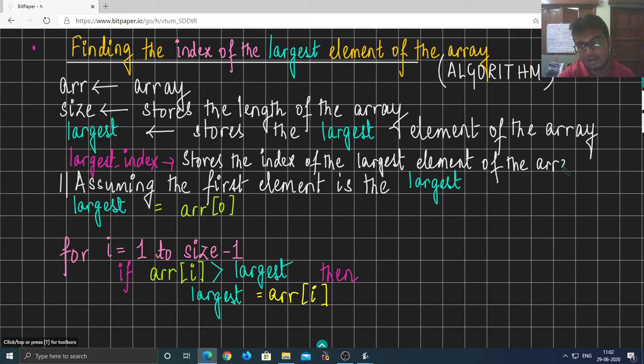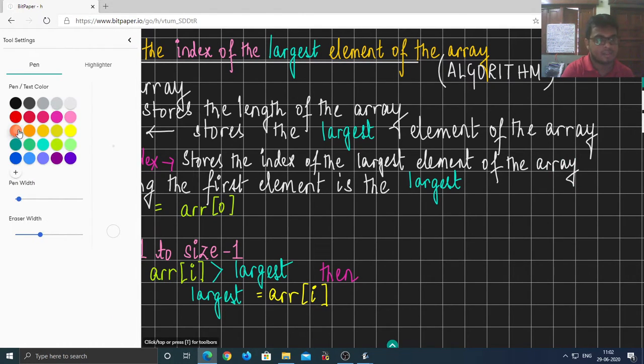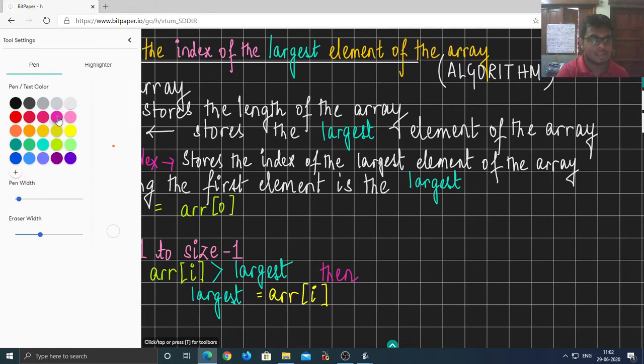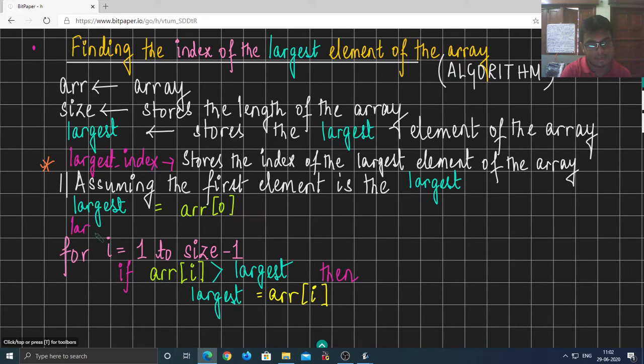Let's put a star in front of it to mark that this was a change. Then we are assuming the first element to be the largest element, therefore the index of the largest element now would be 0.